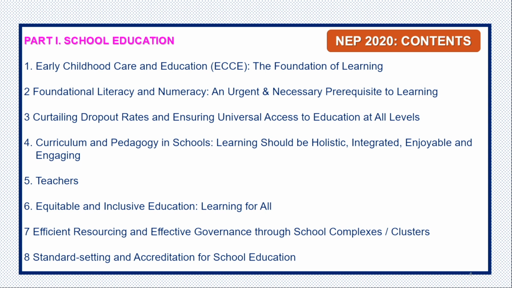Then the 4th component is curriculum and pedagogy in schools. After that, it is about the teachers of school education, then equitable and inclusive education, that is learning for all, and then efficient resourcing and effective governance through school complexes or clusters, and the last component here is standard setting, that is accreditation for school education.